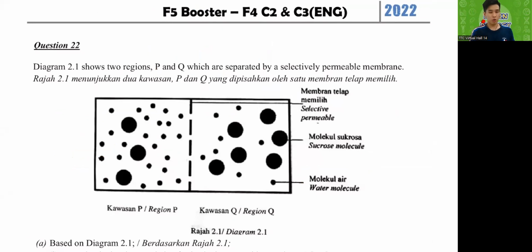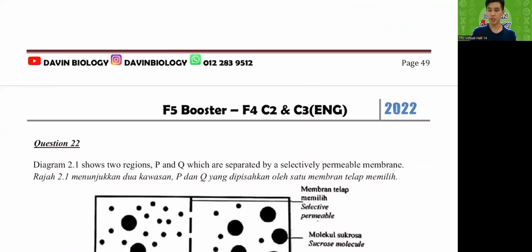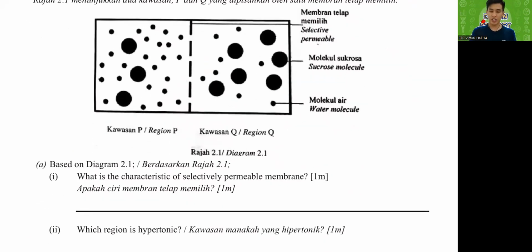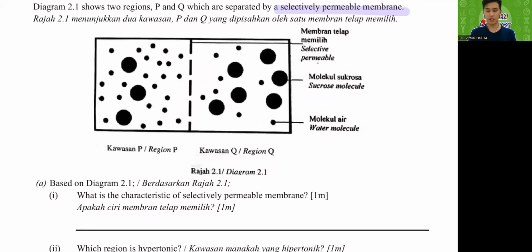22. Figure 2.1 shows two regions P and Q, which are separated by a selectively permeable membrane, semi-permeable membrane. What is the characteristic of a selectively permeable membrane? So this one is basically just explain the meaning. Just now we already said it. Selectively means only what?